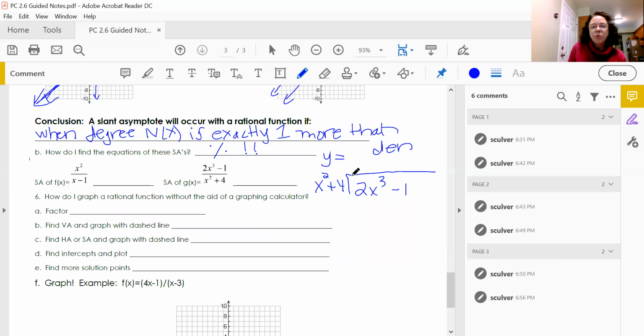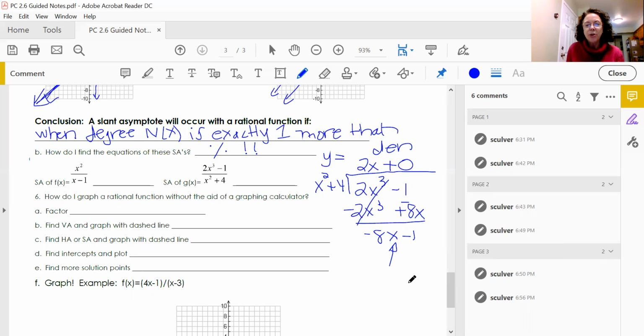What would I multiply x squared by to get 2x cubed? That would be a 2x. And then I'll fully multiply: 2x cubed minus 8x. Then I'll subtract, and I have 8x minus 1 left. Notice that this is a remainder because its degree is less than the divisor. So I have y equals 2x plus 0.